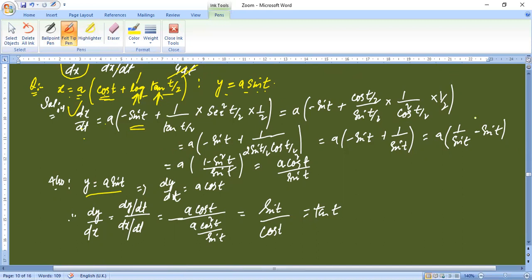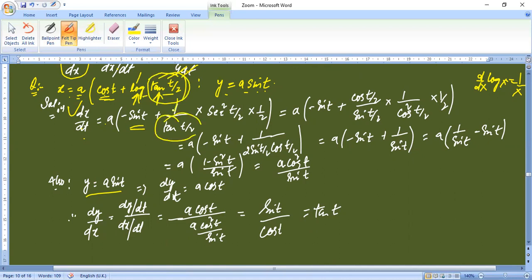The differentiation of log, d by dx of log x, if it is with respect to x, is equal to what? 1 by x. So this is actually 1 by x, that is the reciprocal of the argument. But the argument of log here is tan of t by 2, so it's reciprocal.